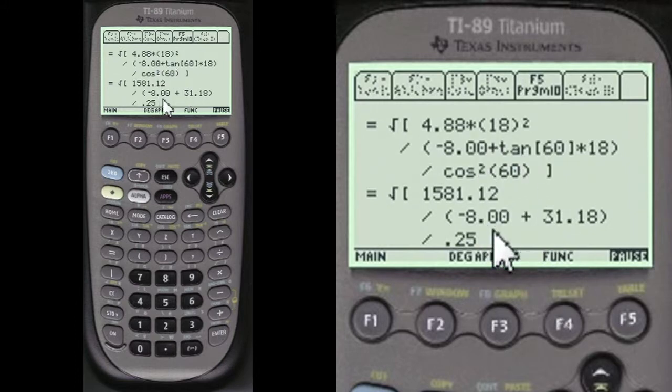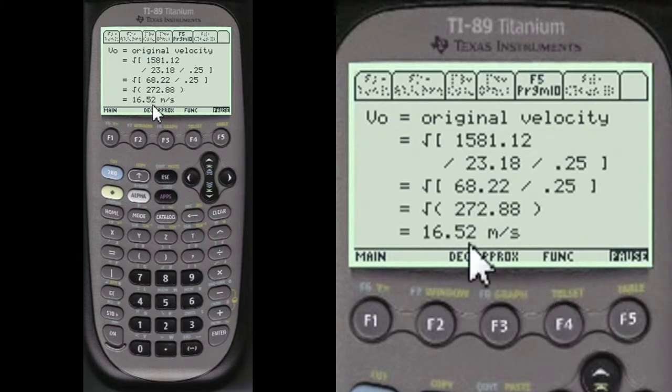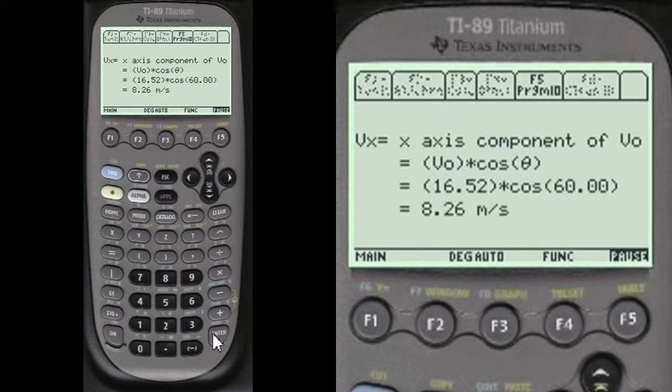Do all the computations just like you would if you had your own calculator. And here's the answer. The original velocity is 16.52 meters per second. Now that we know velocity and the angle, we can find almost everything about a path of an object.